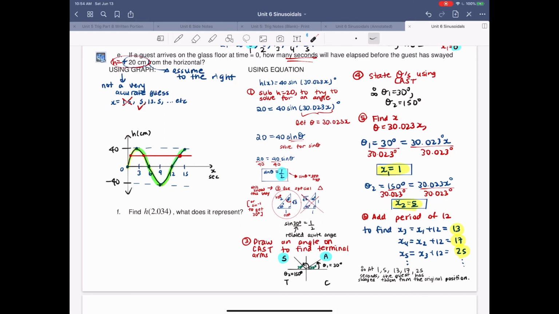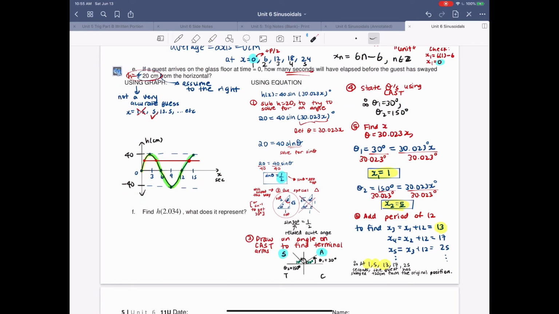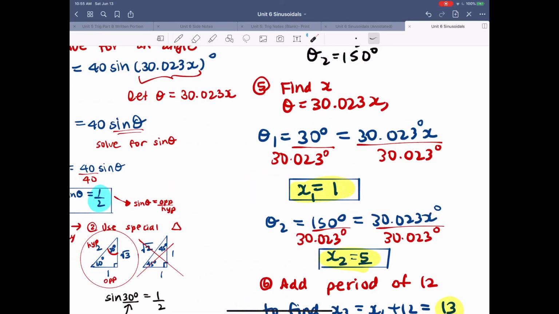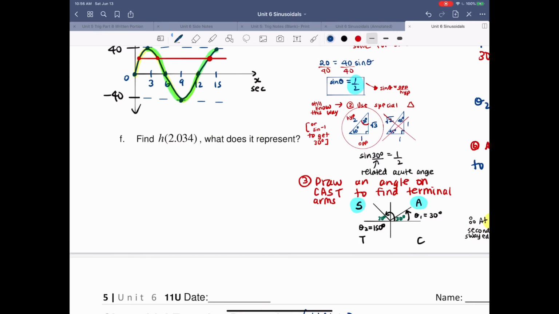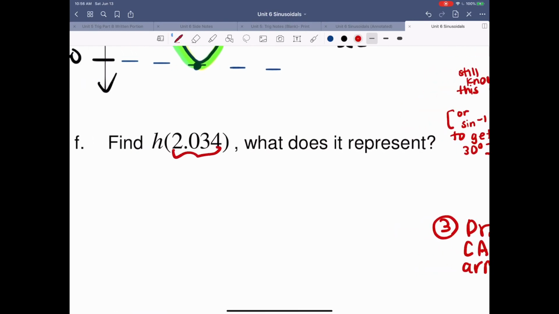It would be good to at least write down these 3. So basically what we have is we have this part in terms of degrees, whereas the x, according to our units, for question F, it says find h at 2.034. What does it represent? So this represents that x is equal to 2.034, and you're subbing x equals 2.034 as the input.